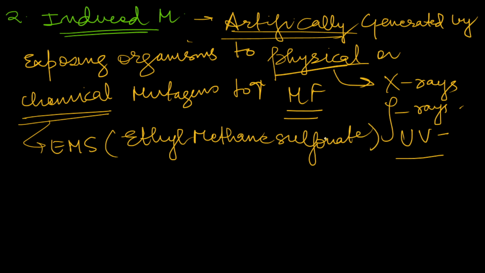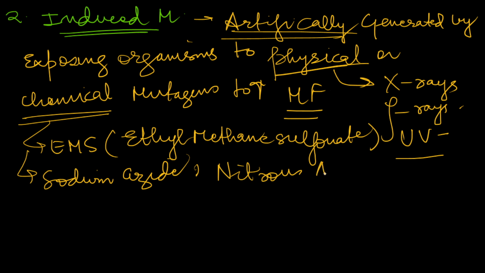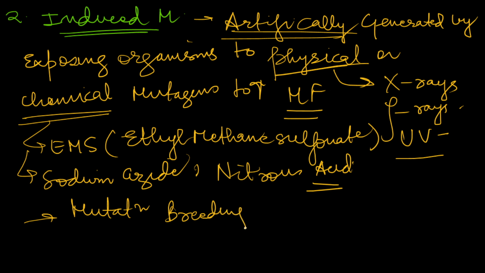Sodium azide can be used, and nitrous acid can be used. These are all chemical mutagens, and this method is commonly used in mutation breeding to create genetic variability, that is variation in the genes.